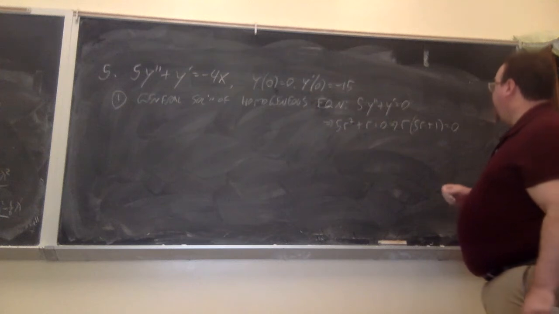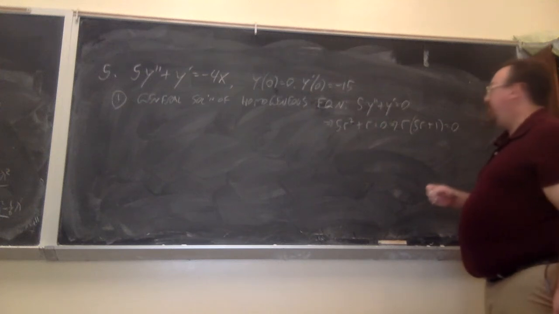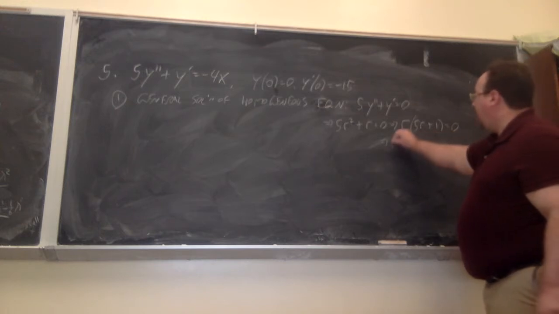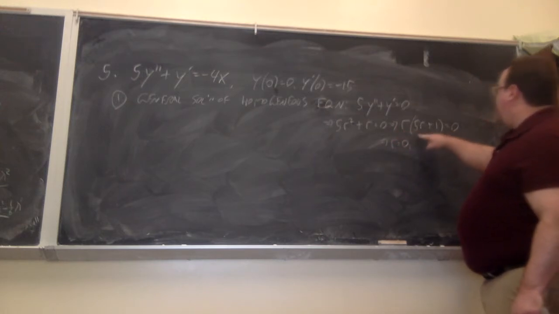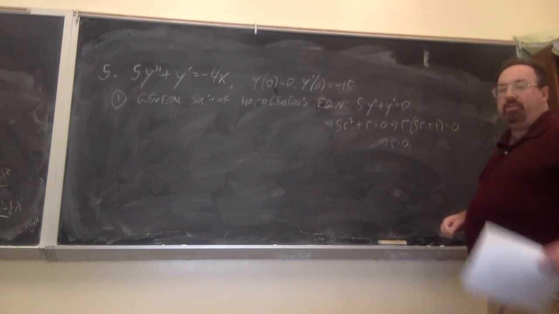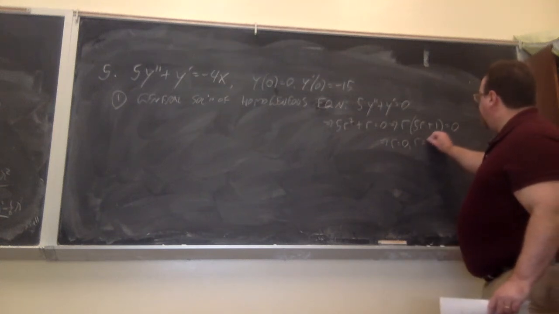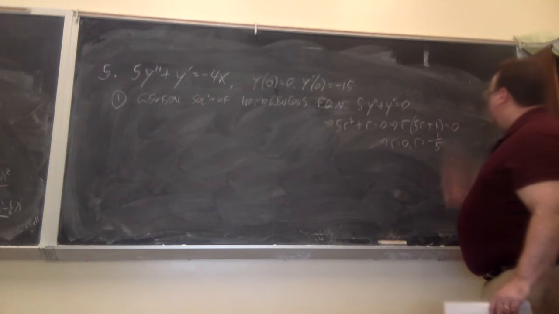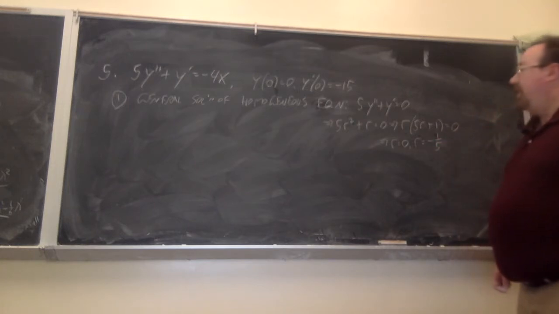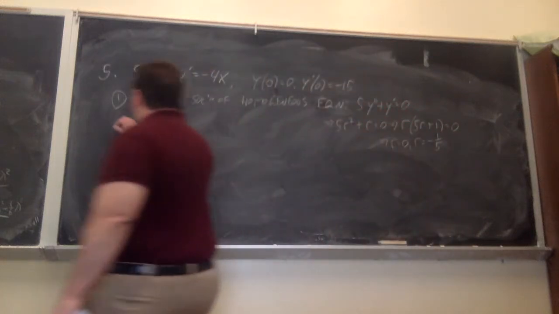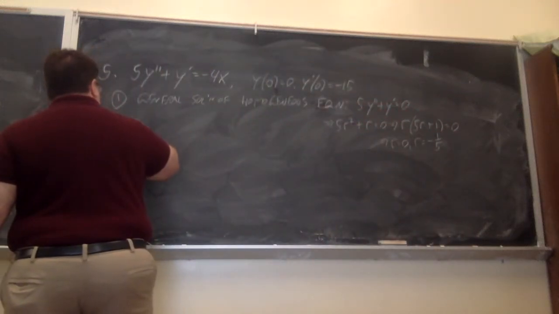So now, similar to problem 2, for the roots we set our factors equal to 0. So r equals 0, and 5r plus 1 equals 0, so 5r equals minus 1, so r is equal to minus 1/5. So now I'll write down the general solution of the homogeneous problem.